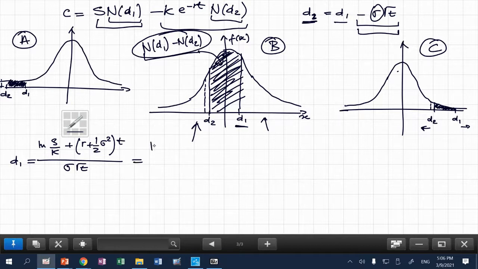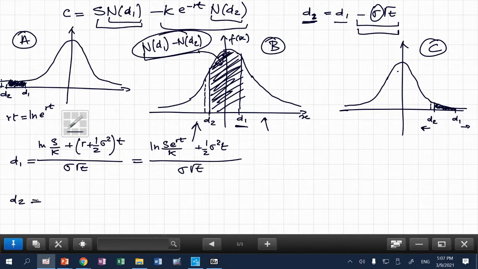And we can rewrite it as the natural log of S times e power rT divided by K, plus half sigma squared times T, divided by sigma square root of T. What I've done is a simple trick in the sense that rT can be written as the natural log of e power rT. And then since the sum of two logs is the log of the product, you can take this in this way, okay?